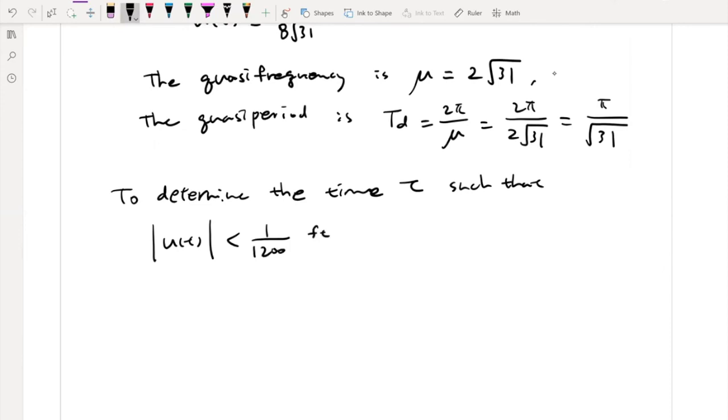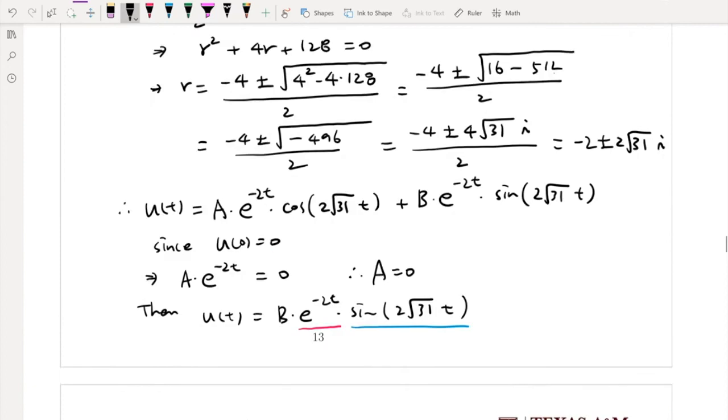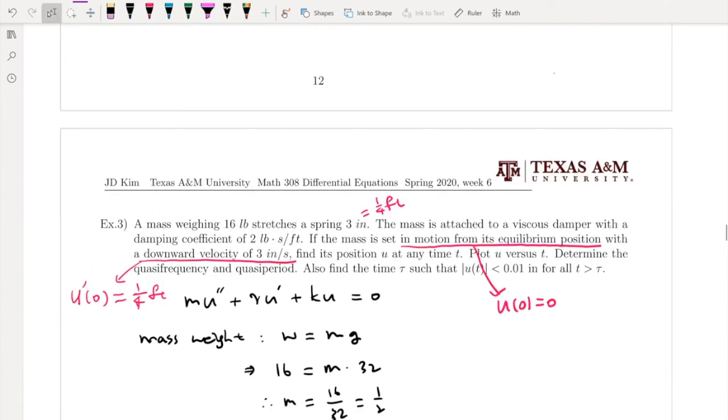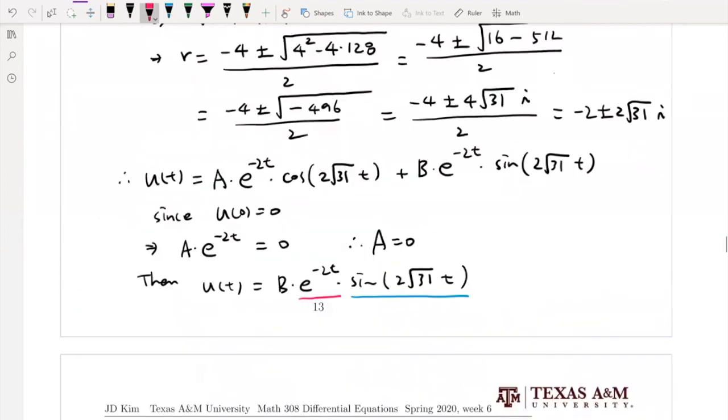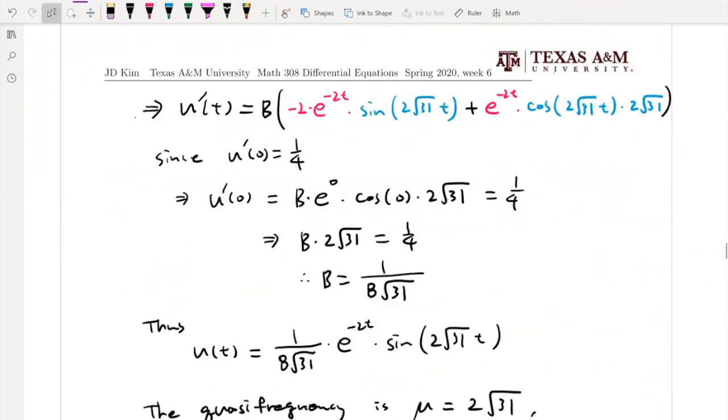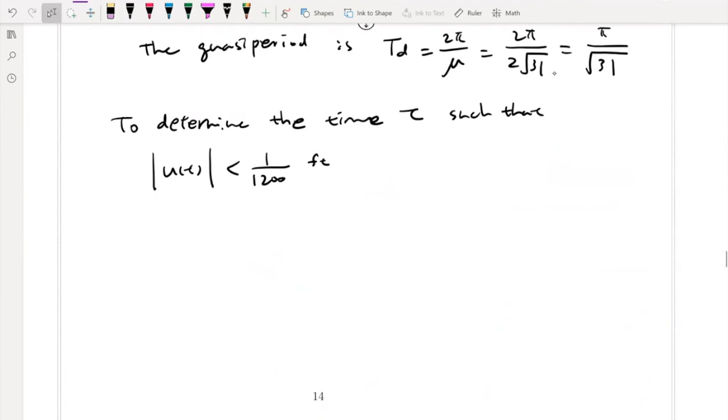Let me come back to the problem and mark that part. This inch part is equal to 1 over 1,200 feet. That's why we can use 1 over 1,200 instead. So how can we solve this problem?